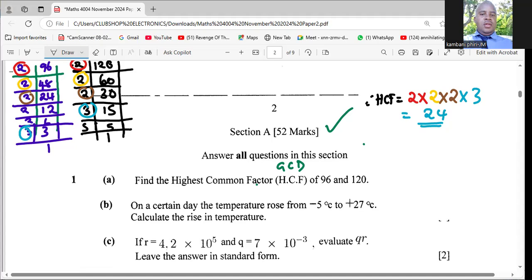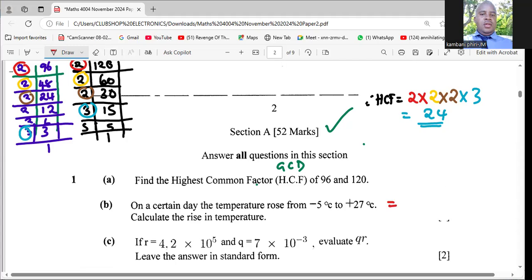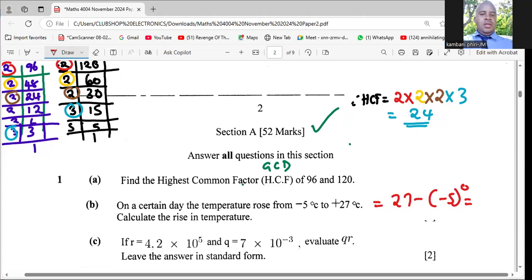Calculate the rise in the temperature. To calculate the rise in the temperature, we need to find the difference. So we are going to say 27 minus -5 degrees Celsius. That would be our difference for the rise.